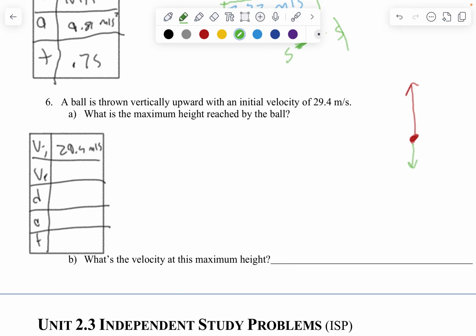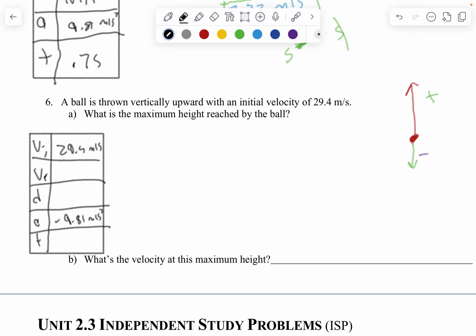And so because of that, we can label the initial velocity as positive and gravity as negative. And because of that, let's put gravity as the acceleration, but negative. So negative 9.81 meters per second squared. That's really, really important. Okay, so it has an initial velocity of 29.4 meters per second.